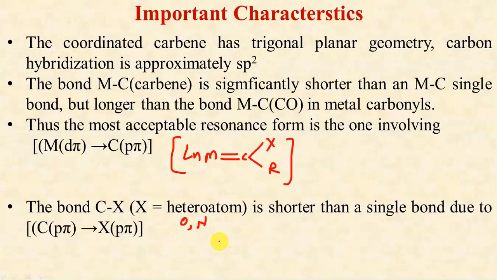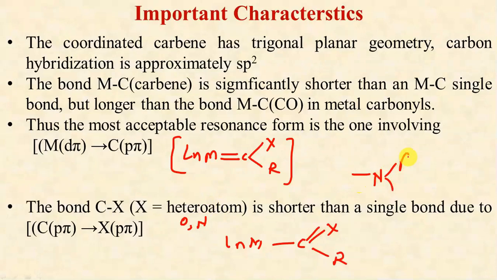This was the bond due to resonance, because this heteroatom belongs to a group like NR2 or OR, which has a lone pair of electrons and can transfer its electron density to the electrophilic carbon atom. So this results in the formation of a carbon-heteroatom double bond. That's why we are saying that the bond C-X, X standing for heteroatom, is shorter than the actual single bond.